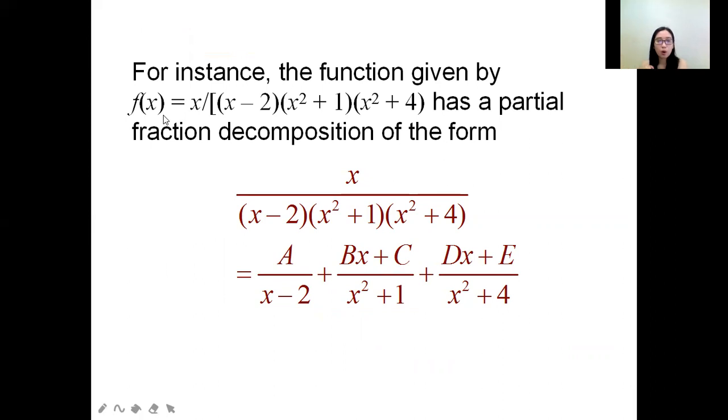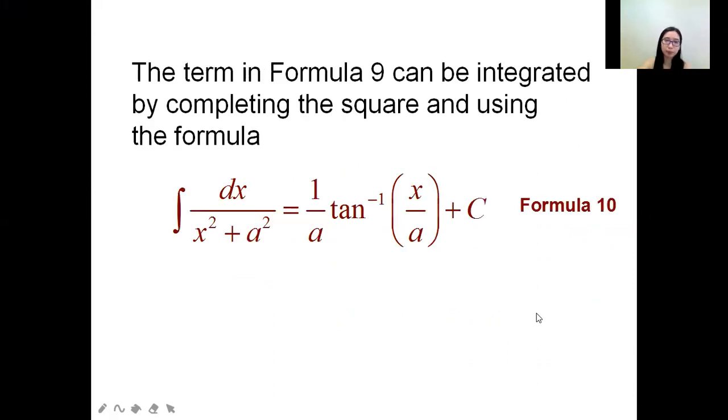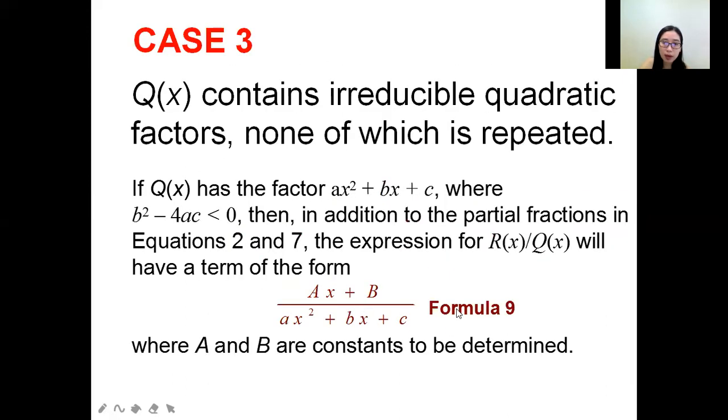So, for example, the function given by f of x is equal to x over x minus 2 times x squared plus 1 times x squared plus 4 has a partial fraction decomposition of the term a over x minus 2 plus bx plus c over x squared plus 1 in the second term. Then in the next term, we have dx plus e over x squared plus 4.